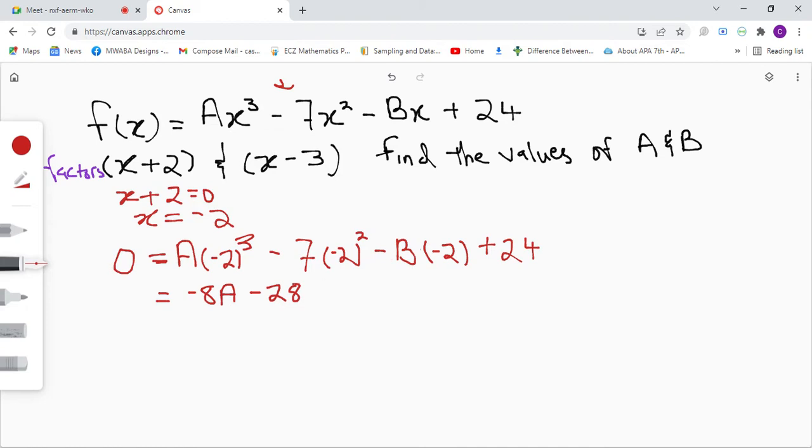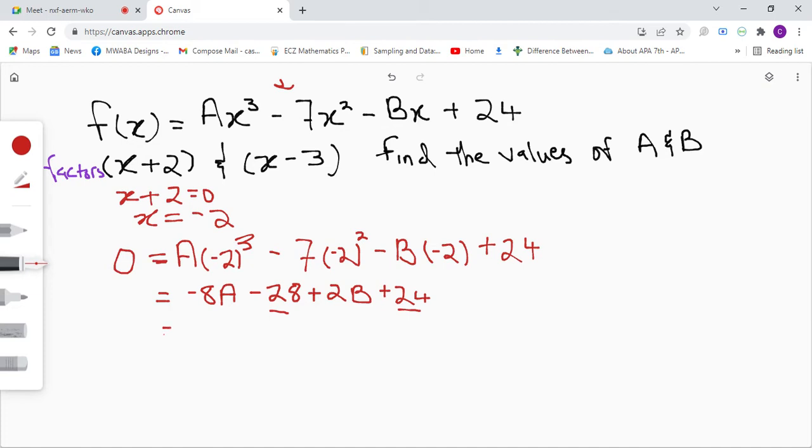Negative 2 times negative b, we get positive 2b. Plus 24. So we're going to say negative 28 plus 24, that will give us negative 4.